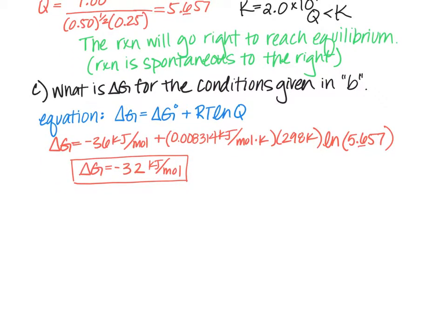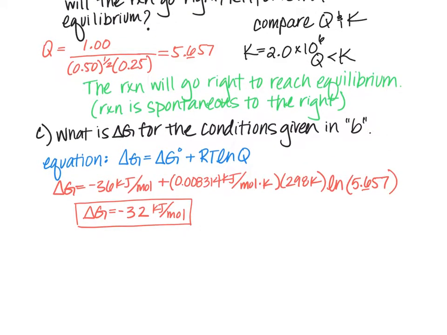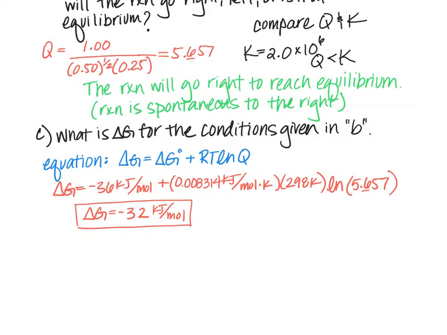What is delta G? Notice there is no delta G naught, so just delta G for the conditions given in B. Let me scroll this down just a bit so we still see what Q is. For the potential equations, one is the equation given. You also could potentially use delta G equals delta H minus T delta S. Unfortunately, or fortunately in this case, delta H and delta S values are not given, so this is not an option.